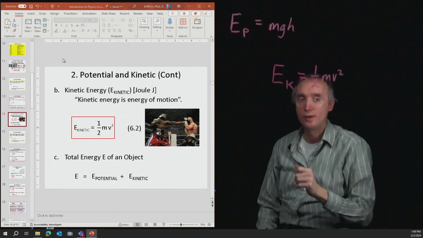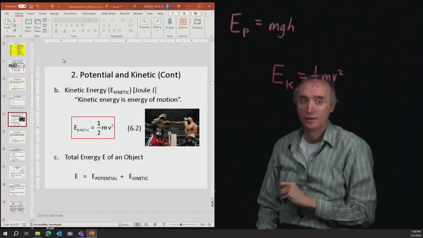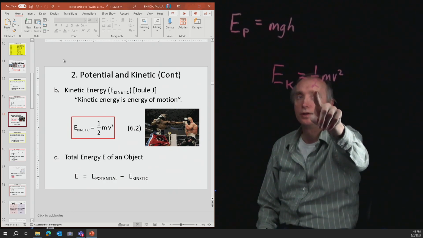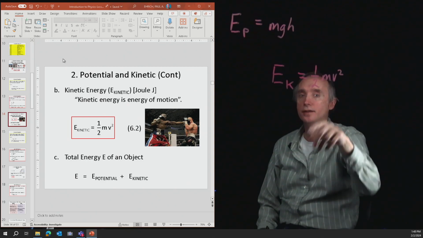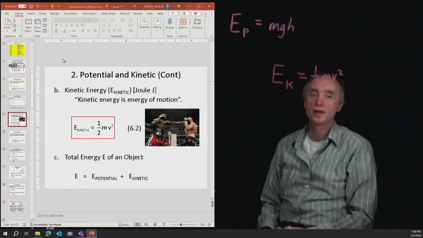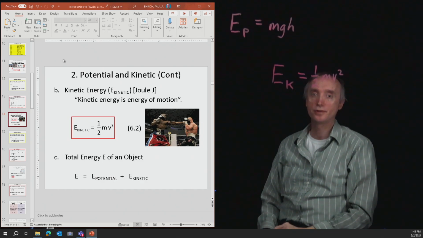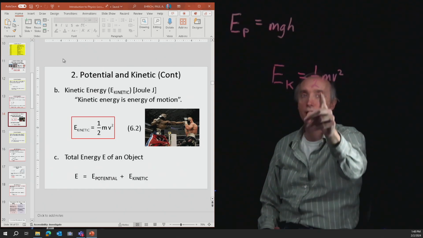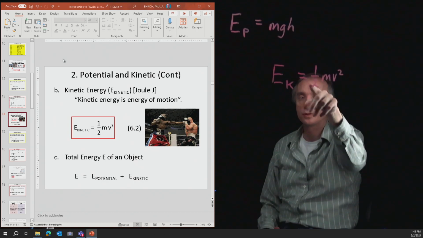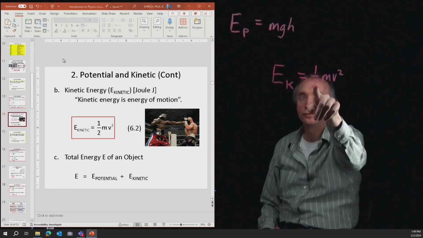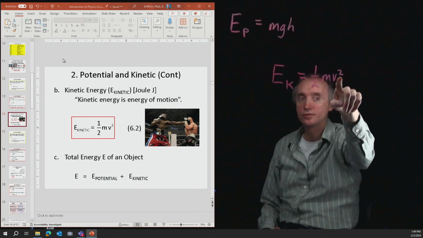That would have been momentum, P. But this is going to be kinetic energy, and it's 1/2 mv squared. Now you might be wondering, where does that come from? Well, it comes from calculus. If you take a calculus class, you would learn how to derive this equation. But just trust me that it's a 1/2, and then you have to square it.